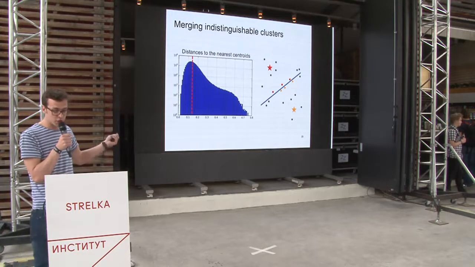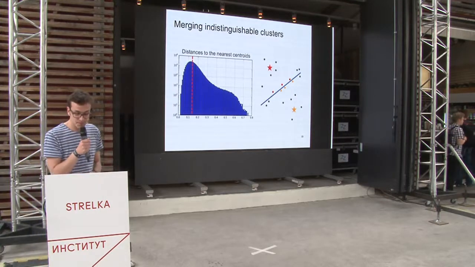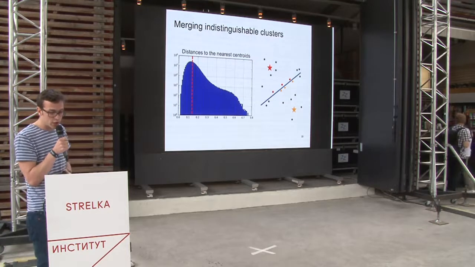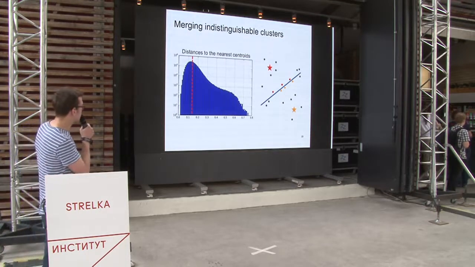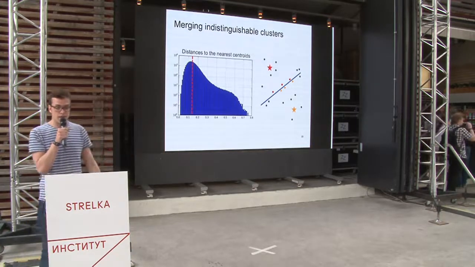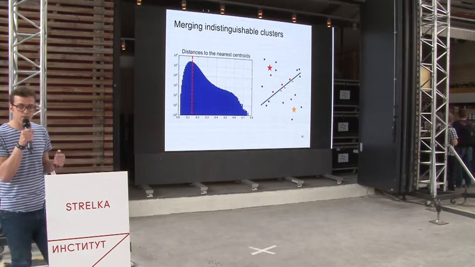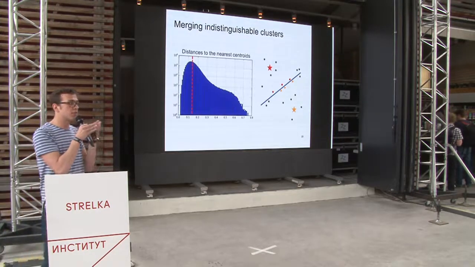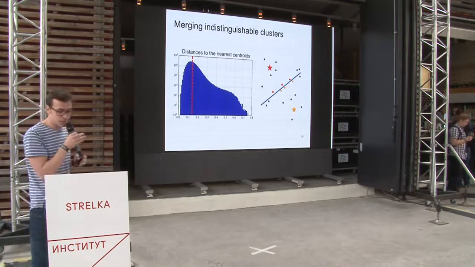The distribution of distances to the nearest centroids is shown on the left. We removed from consideration objects with distances to the nearest clusters that exceed this red line. We did it because we are actually interested in merging small clusters in a very dense region of space, and these points are not interesting for us.